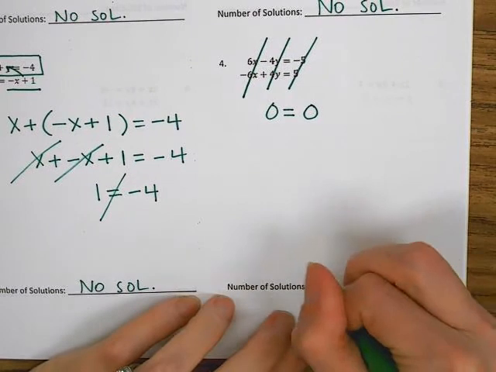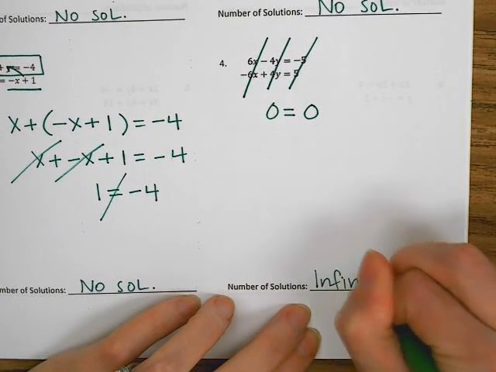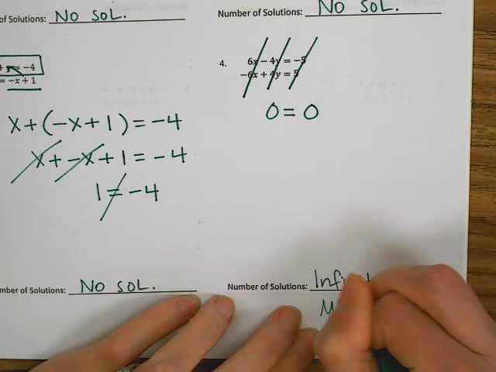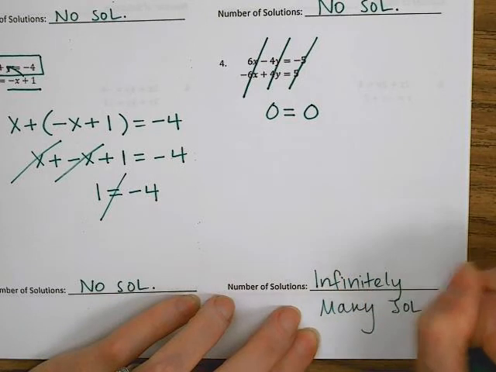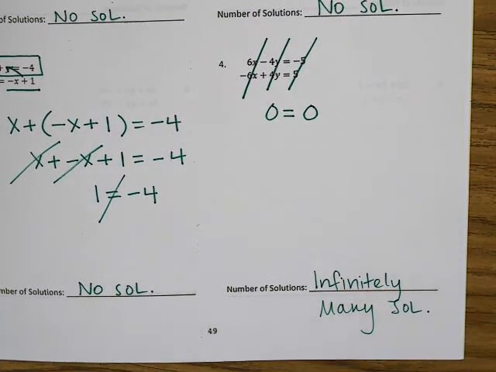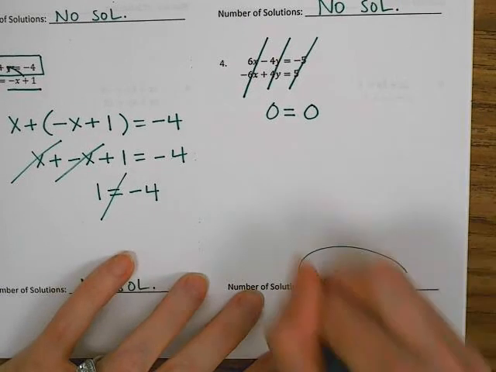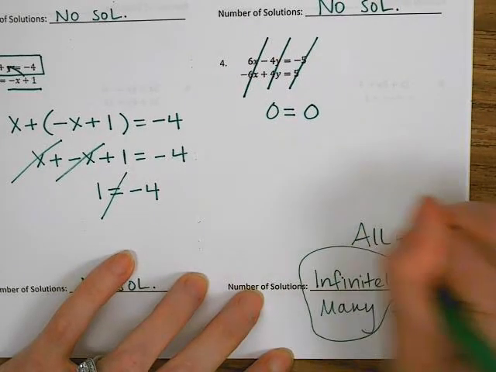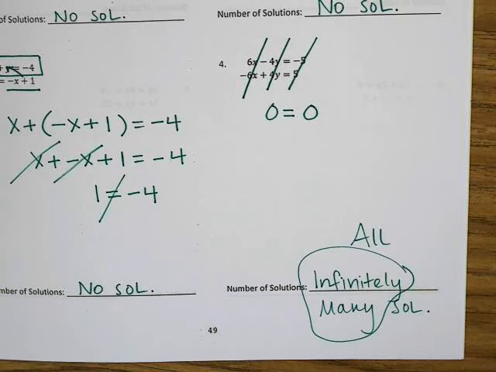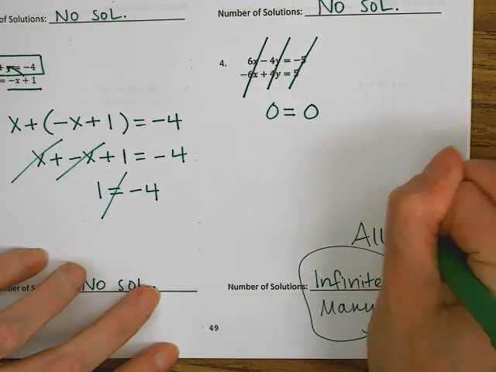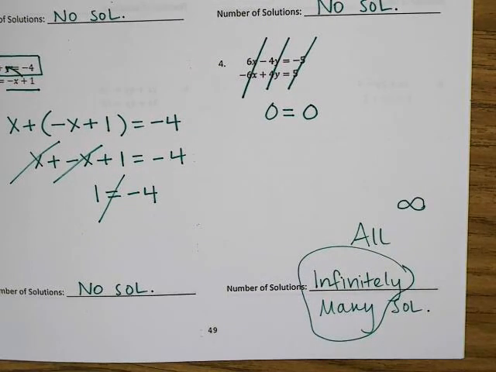So this is finally our first one that is infinitely many solutions. Some people, instead of writing infinitely many, they just write all solutions. Some people put an infinity symbol to represent all solutions. Any one of those is fine.